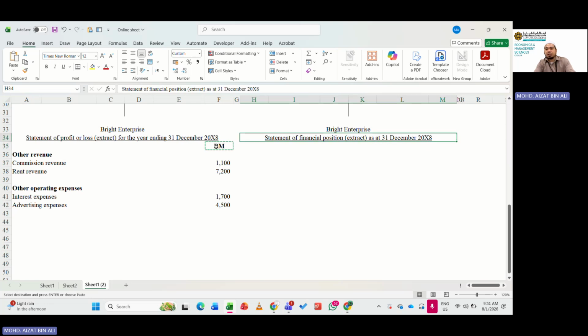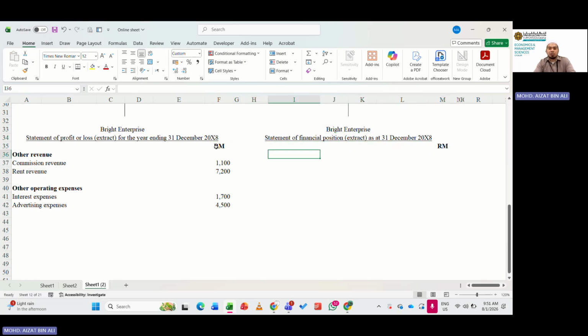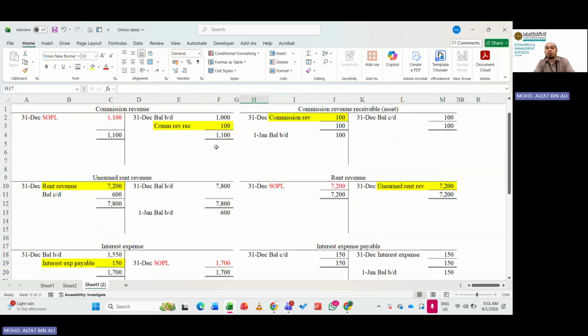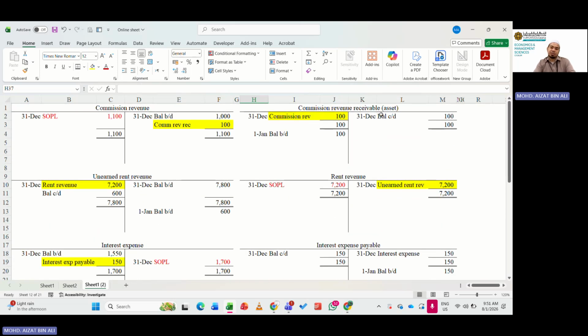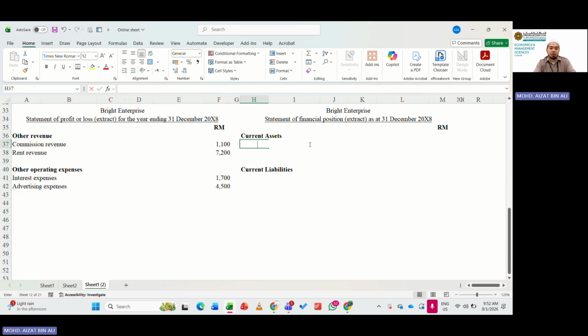For your reference, they all belong either in the current assets or current liabilities. Only these two classifications. There are no non-current assets or non-current liabilities for any of the items in the questions in this chapter. So in this case, commission revenue receivable 100 ringgit.